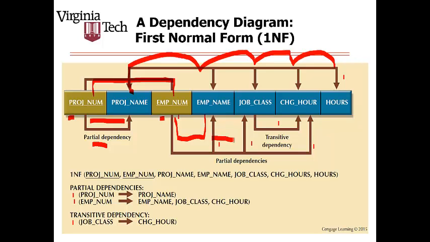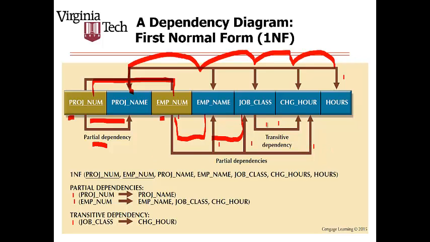And that's also true for the job class, right? Whatever the employee's job class is, engineer, clerk, management, it depends on what their employee number is, not on what project number and employee number they're working on. So another dependency here, and these partial dependencies are what we call second normal form violations.